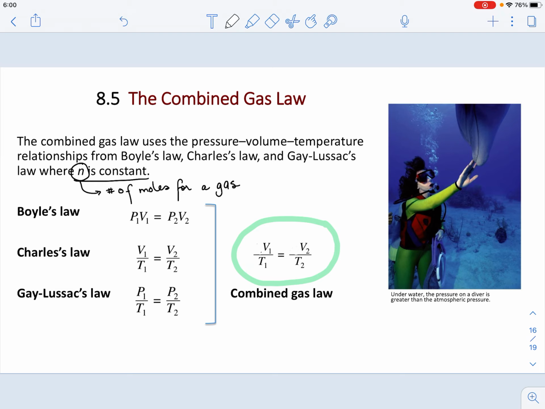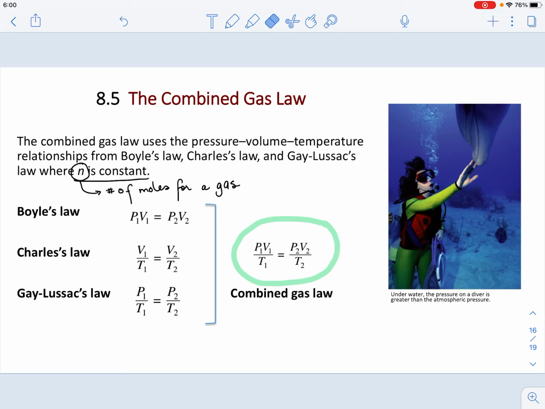And then there you have Charles' law. And lastly, for Gay-Lussac's law, we have the number of moles and the volume constant. It's kind of like you say, okay, the volume is constant. And as you can see, that's how you can derive Gay-Lussac's law.